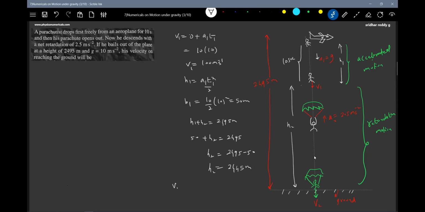V2 square equals V1 square minus 2 A2 H2, minus 2.5, H2 is 2445. Oh, lengthy calculation.